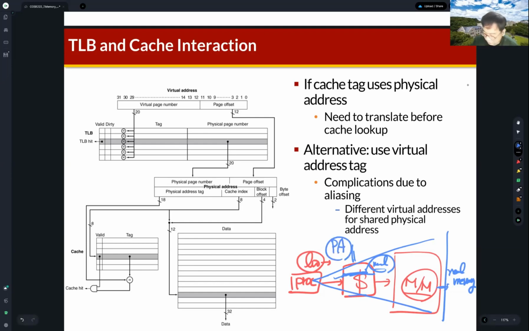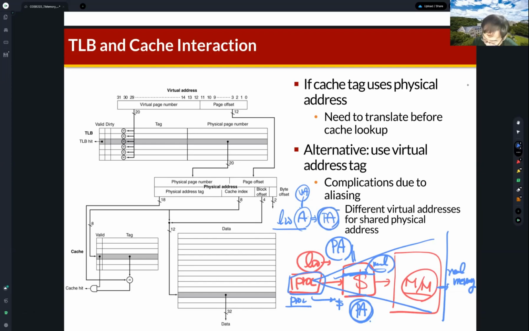Okay, so what does that mean? When the processor accesses the cache, it needs to access the cache using a physical address, right? So what's the problem? The load word A is executed, and this A is the virtual address. In order to access the cache, this A needs to be translated into the physical address.